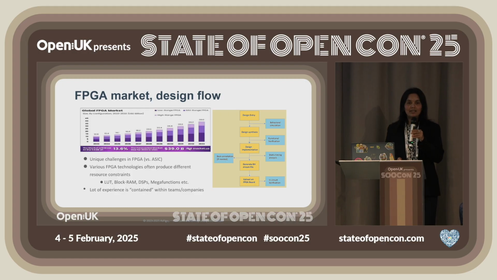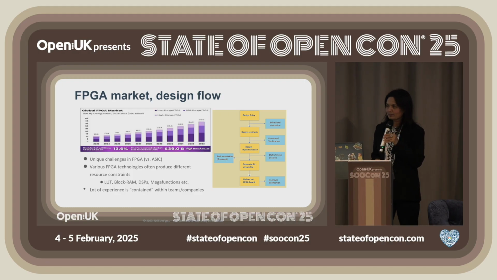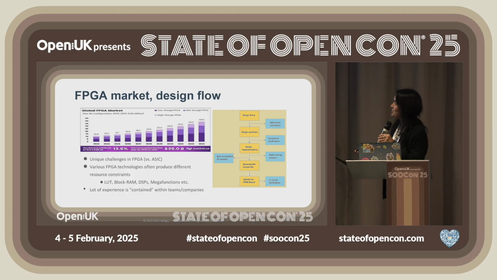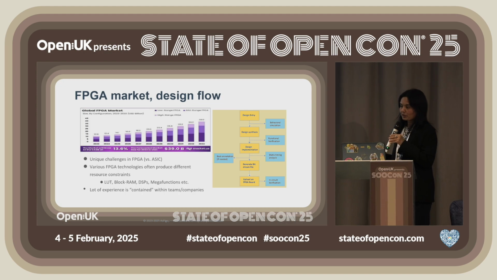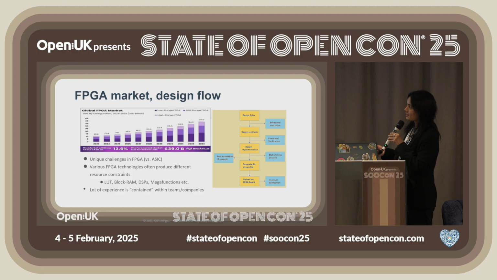All right, so one key segment in chip design is the FPGA market. Let me start with the predictions for the FPGA market, from 2023 to 2033. These are the numbers.